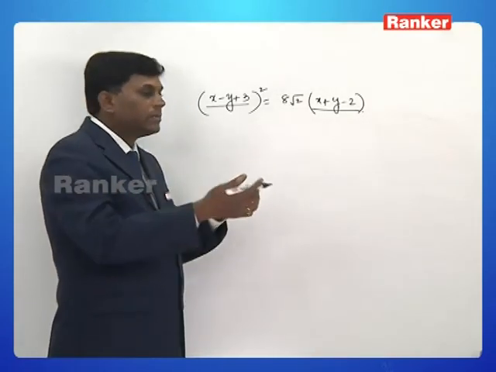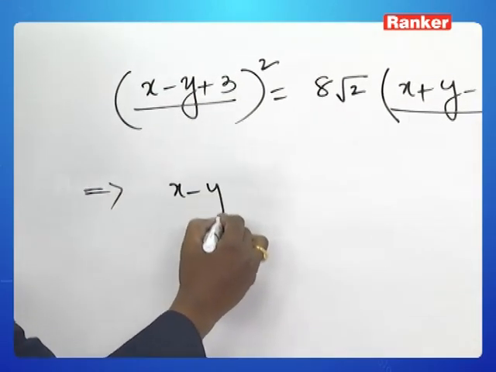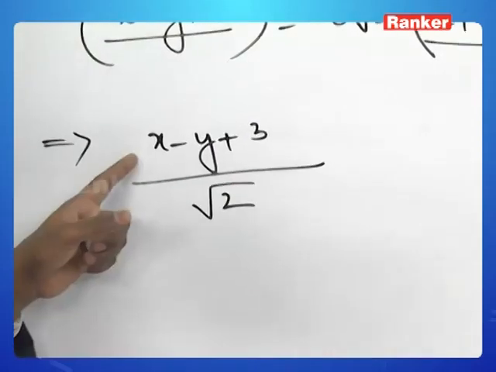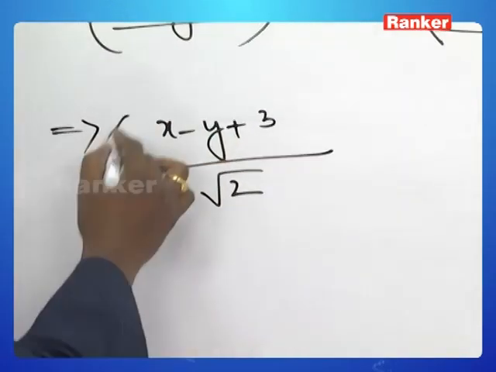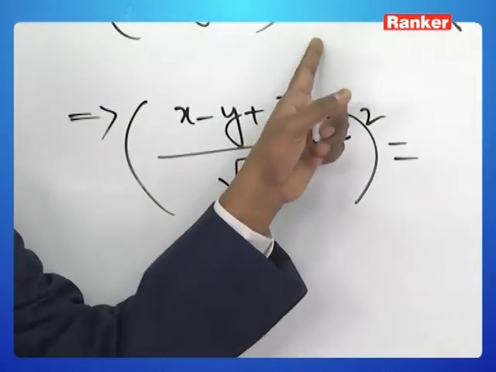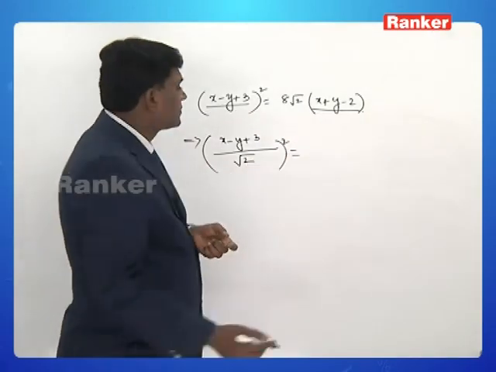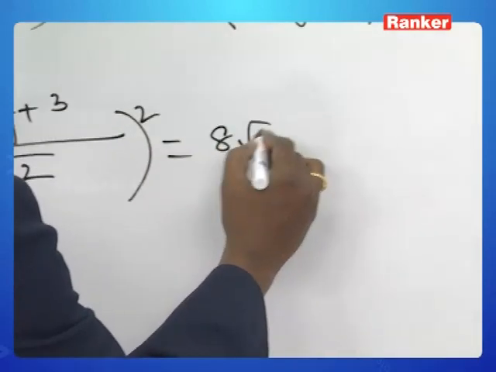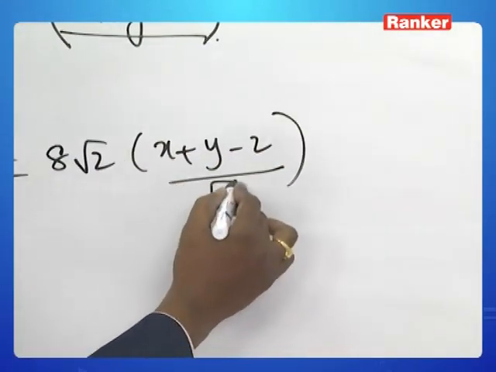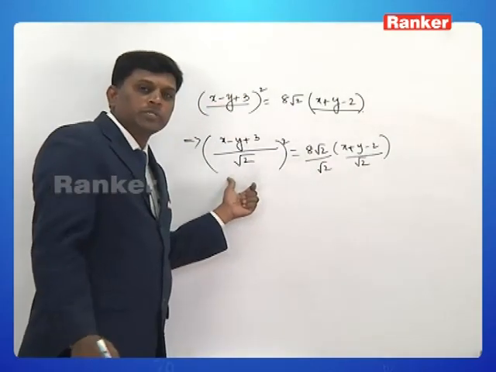Making sufficient multiplication on both sides. Here, (x minus y plus 3) by root of a square plus b square, which is root 2, whole square, if we write. Here we are dividing with what? Root 2 square is 2. The same 2 is divided on the right side also. You are getting 8 root 2 into (x plus y minus 2) by 1 root 2 here, another root 2 here. So that 2 is multiplied on both sides.